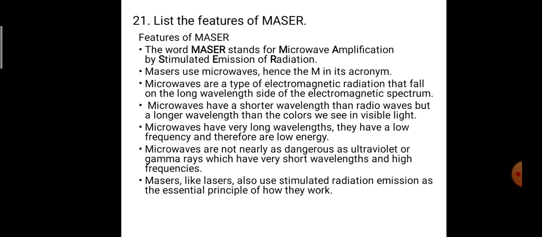Microwaves are a type of electromagnetic radiation that falls on the long wavelength side of the electromagnetic spectrum. Microwaves have a shorter wavelength than radio waves but a longer wavelength than the colors we see in visible light.